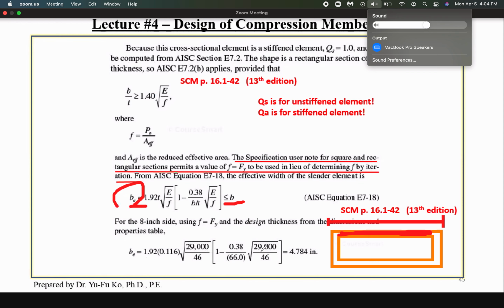So here, to use this formula, for the t, you need to use the so-called design thickness from the property table.